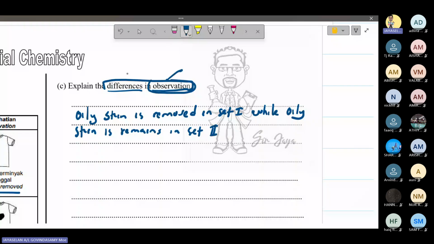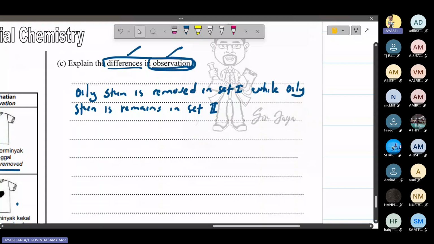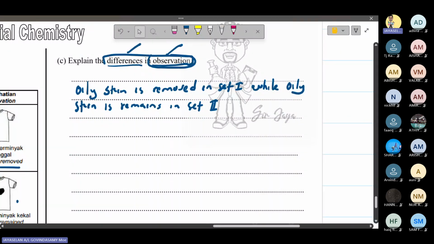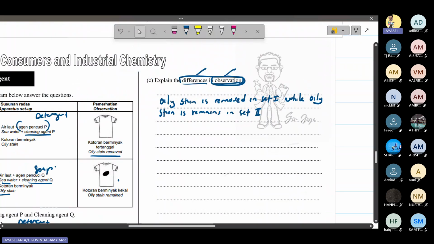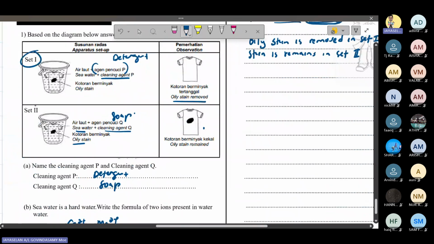These are the observation differences. This is the first point you have to write: oily stain removed in set 1, while oily stain remains in set 2. Understand? So you use the set. Any question? Then they ask you to explain.